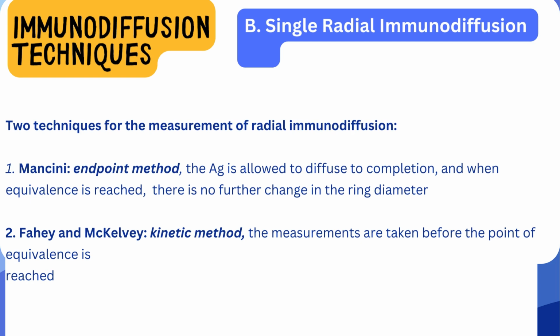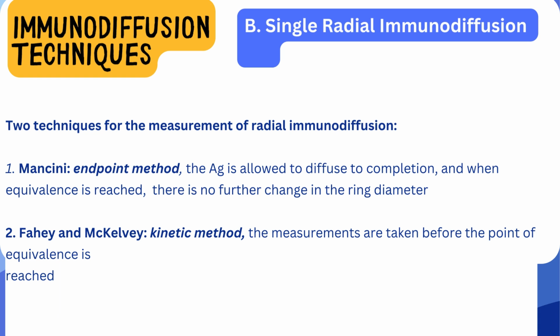The first technique is Mancini, the endpoint method, where the antigen is allowed to diffuse to completion when equivalence is reached and there is no further change in the ring diameter. And the second one is Fahey and McKelvey, the kinetic method. Always remember this line: the measurements are taken before the point of equivalence is reached.